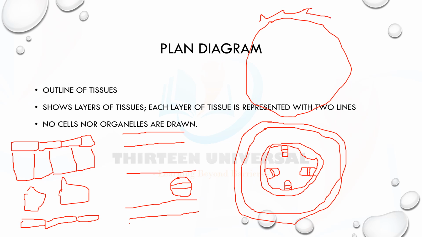You see, this is just showing the layers of tissues. It's not showing me cells. That's why we call it a plant diagram. The lines shouldn't touch. Okay, let's try it again.